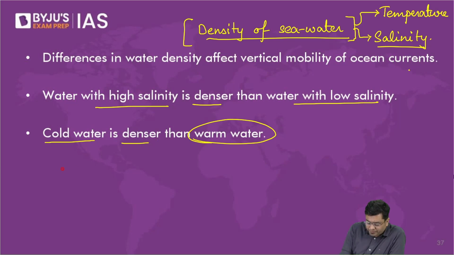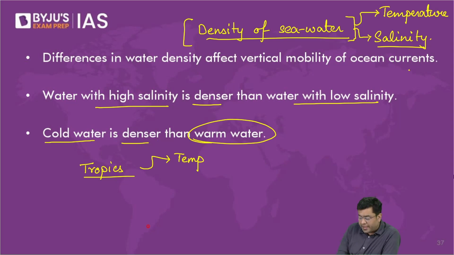Now let us consider another case here. Let's suppose the tropics. Now in the tropical region, what can we say about the temperature? Is temperature high or low in that area? What do you think?